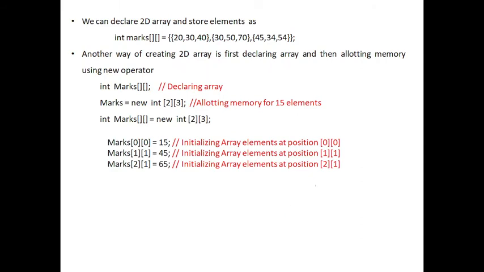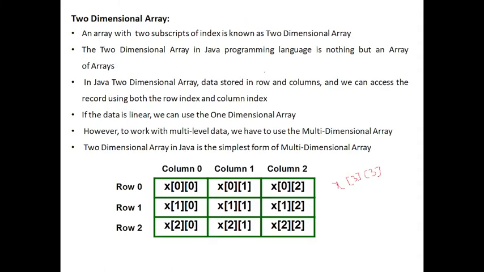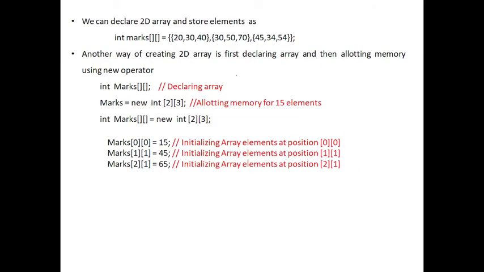As we discussed in the previous class, in the case of 1D array, we learned what a 1D array is and how to create a 1D array. In the same way, here also, first we discussed what a 2D array is and then how to create a 2D array. Here also, we have two ways. In the first way, in a single statement itself, we declared the array and assigned the elements.